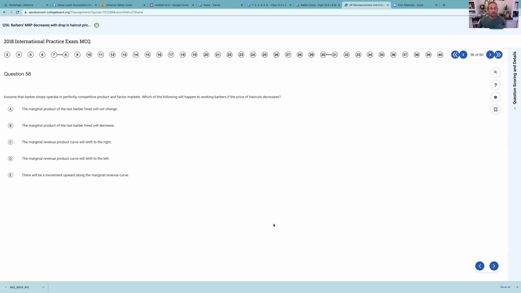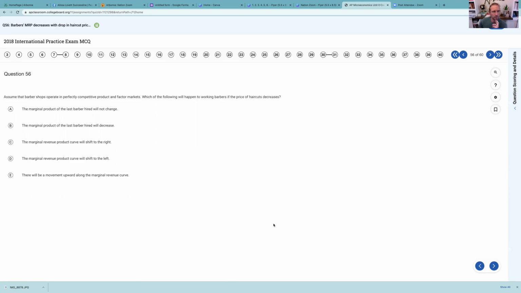If the price of haircuts goes down, that does not change the ability of the barbers to cut hair. You know what I mean? So it's not B, because B says they suddenly can't cut as much hair. That doesn't make sense. A says the marginal product of the last barber hired will not change. That's wrong.